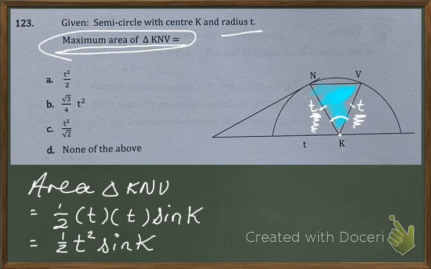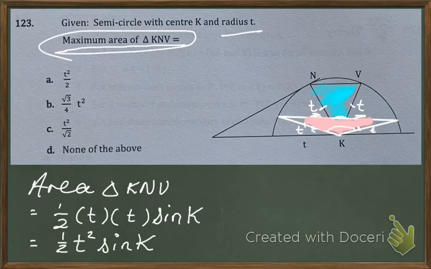Alright, now very important to take note that this triangle could just as well have been there. Remember that the only fixed part of this triangle is the center, and what I'm saying is that the two radii, t that you see there and t that you see there, that's a constant, but the variable is the angle k.